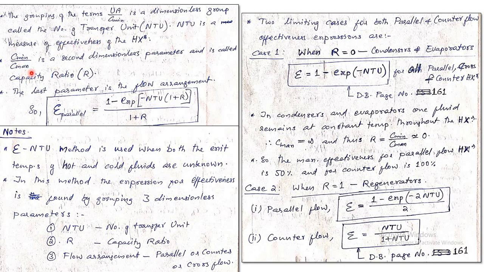C minimum by C max is another dimensionless term. It's called the capacity ratio R.